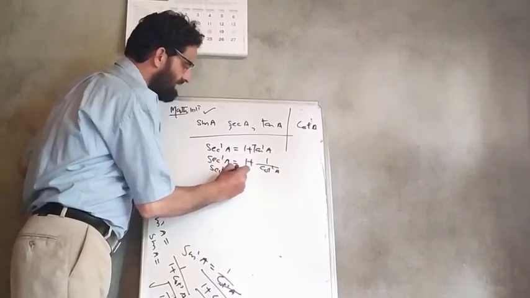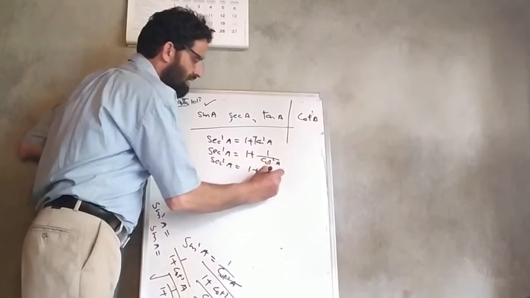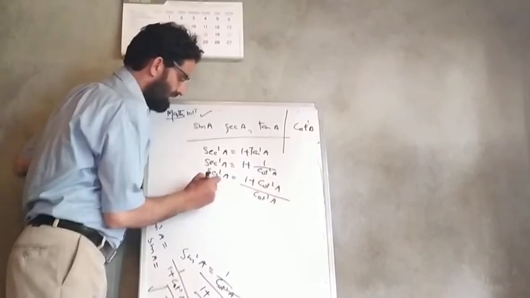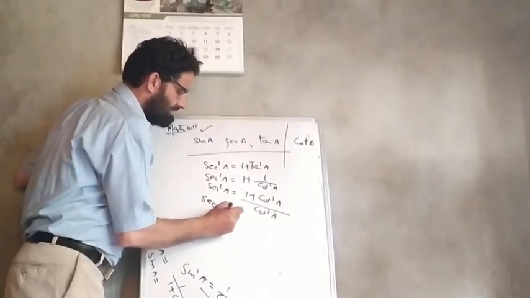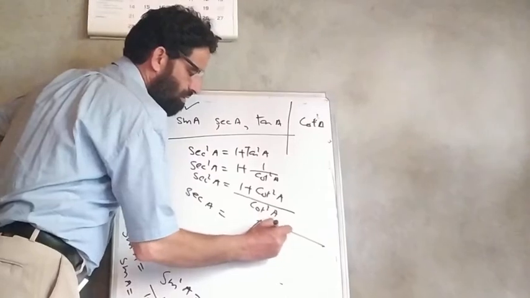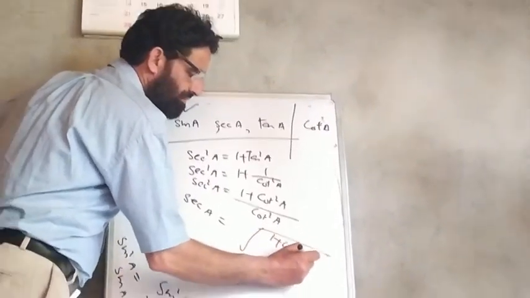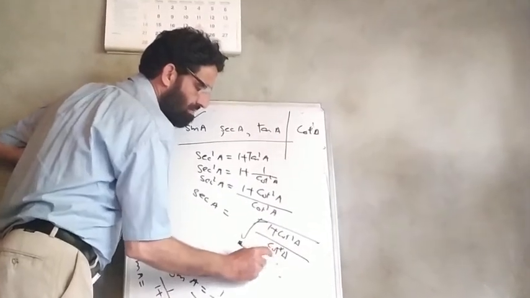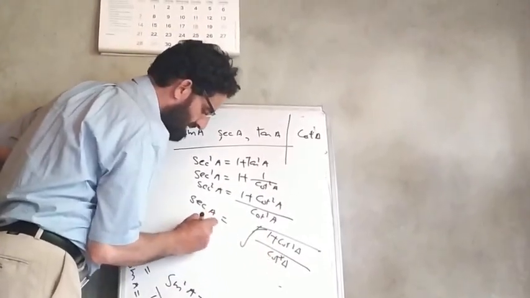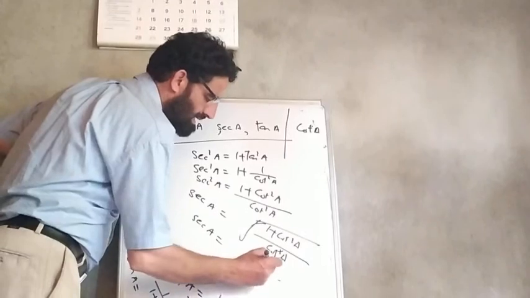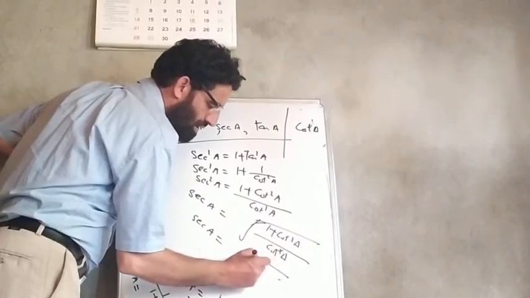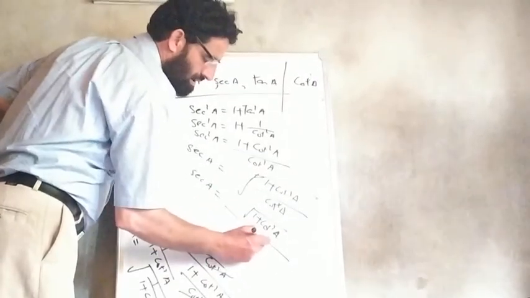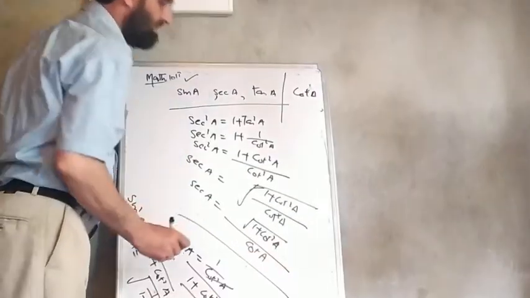Or you can write sec A is equivalent to under root of 1 plus cot square A divided by cot A, since square and root will cancel for the cot. So this was the sec A part.